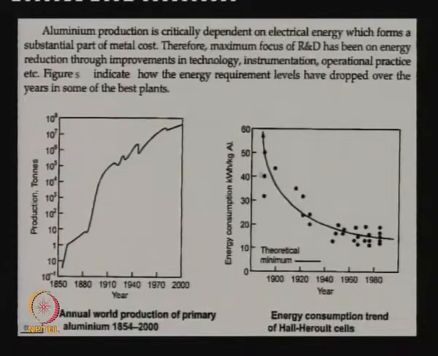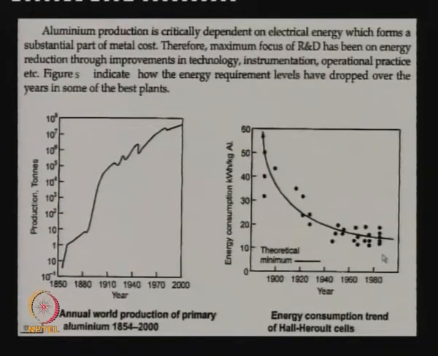Now, a lot of attempts have been made over the years to bring down the energy consumption, and the energy consumption has come down. It is difficult to go to the theoretical energy required for dissociation of Al2O3, because you need some energy to keep the bath in hot condition.